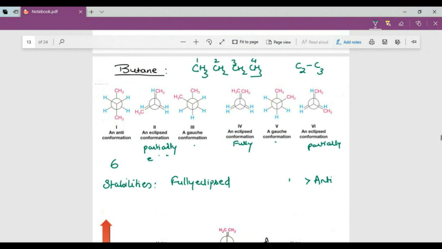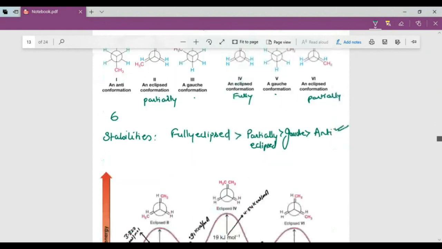When H and methyl are coming in front of each other, then it is called partially eclipsed. When CH3 is coming in front of CH3, then it is fully eclipsed. Fully eclipsed is the most unstable. Then partially eclipsed, then the gauche, and then the anti. This is the order of stability. So see, the most stable is anti.